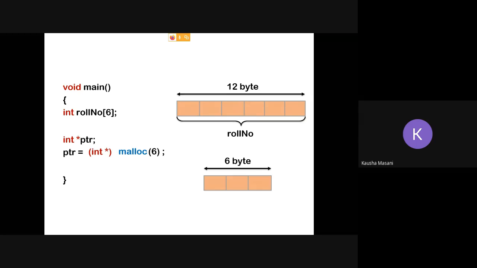Think, students, and answer what you should do. Okay, let me help you. In malloc, what change should you make in order to get the same memory assigned as roll number?